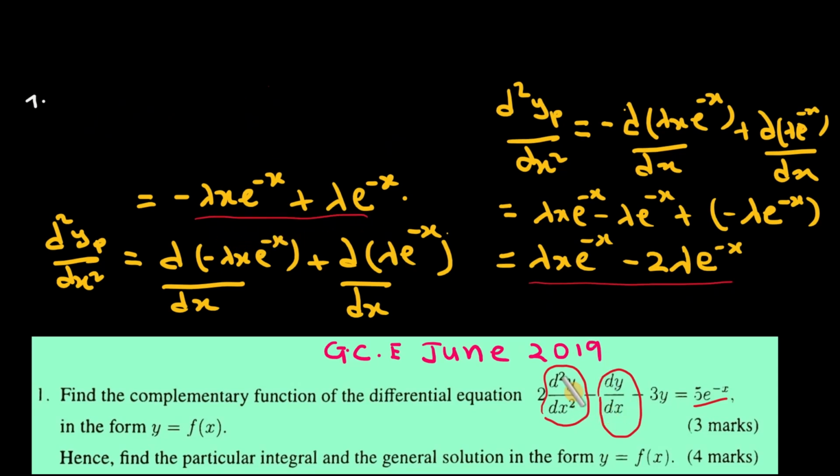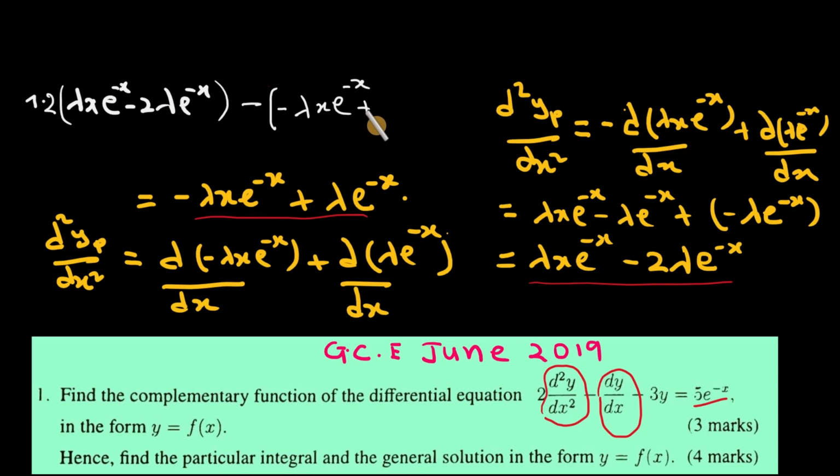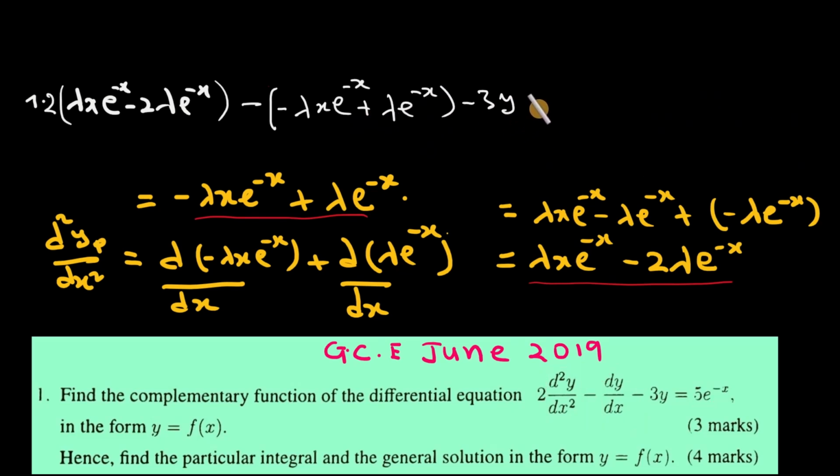That is, in the place of d squared y over dx squared, I'll substitute d squared yp over dx squared, which is this: lambda x e to the negative x minus 2 lambda e to the negative x. Here it is multiplied by 2, minus into minus lambda x e to the negative x plus lambda e to the minus x, minus 3y equals 5e to the negative x.